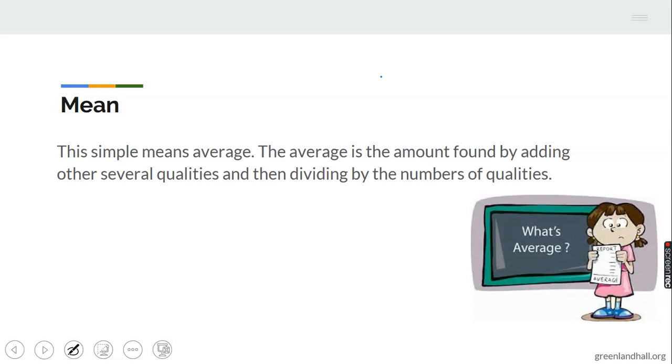Now, I am quite sure you've seen this maybe somehow in your mathematics because math is very related to quantitative. So what is mean? To be simple about it, mean simply means average. Let this be at the back of your mind.